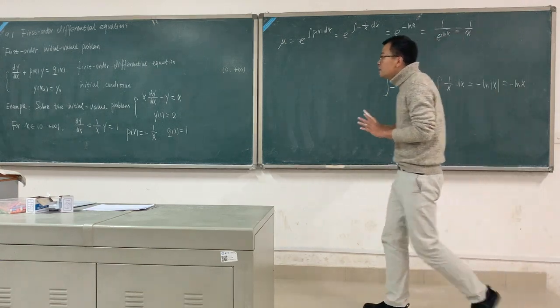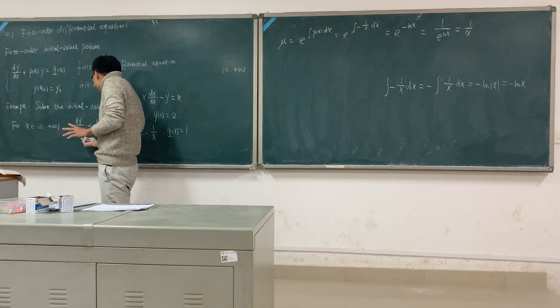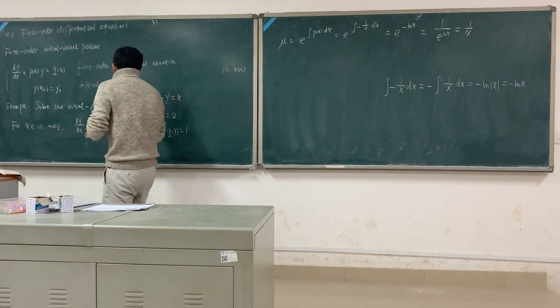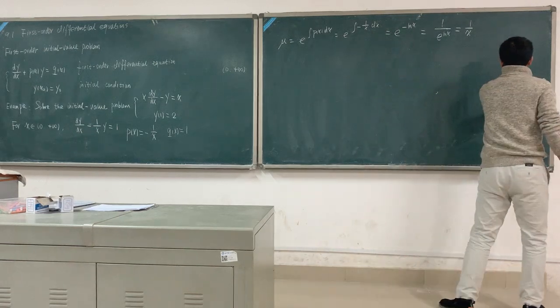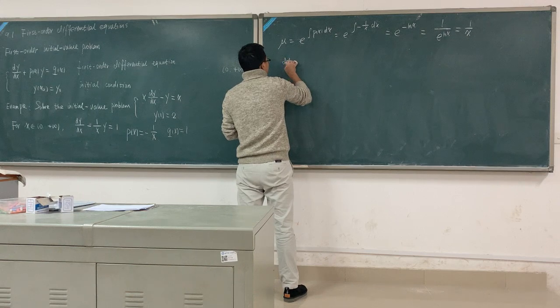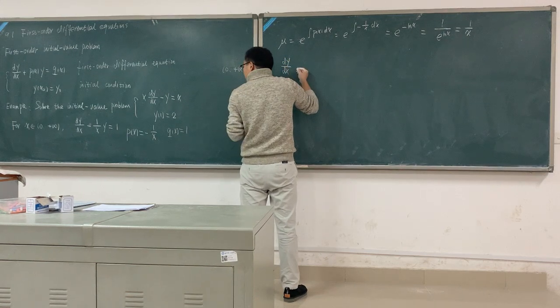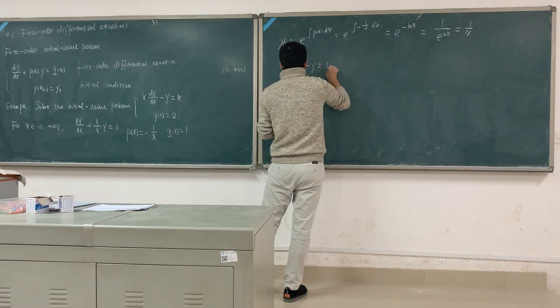So now we need to multiply by 1/x on both sides. We have dy/dx minus 1/x y equals 1.